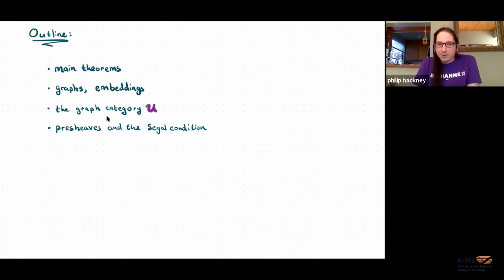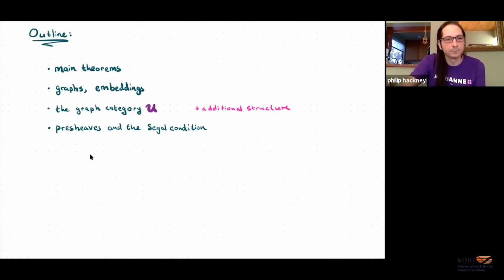Then I'll present this graph category U, and I'll also talk about some additional structure that's present on this. And finally, we'll discuss a little bit about tree-sheaves and the Seagull condition.